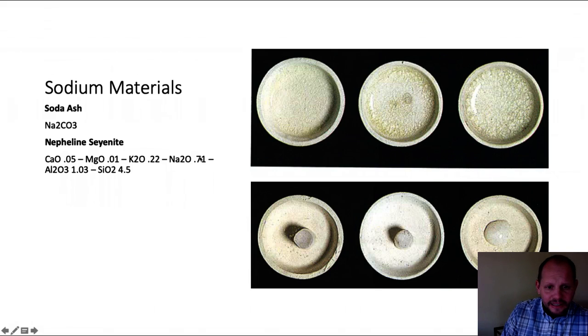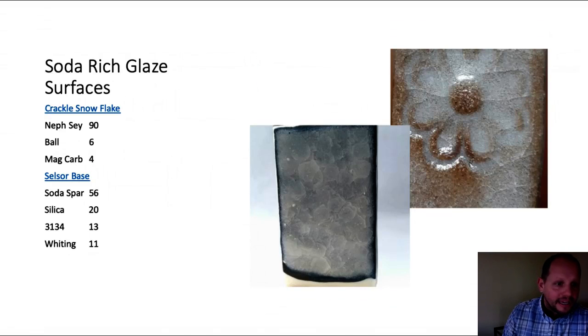But you can see the amount of sodium in the unity formula right here. It's 0.71. That's a lot of sodium. So Neph Sy we typically use in glaze materials, as you can see right here. And in pretty high percentages.